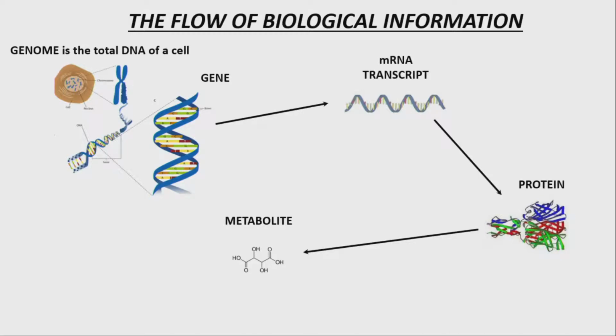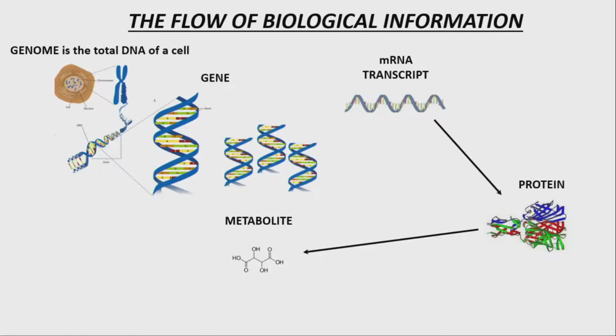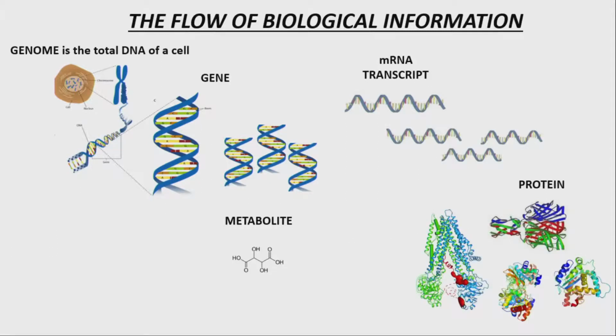produce a metabolite. In a particular moment of cell life, we have the expression of several genes, not all, but several genes. So we have the presence of many transcripts in a cell, and as a consequence, the production of many proteins, and as a consequence, the production of many metabolites.